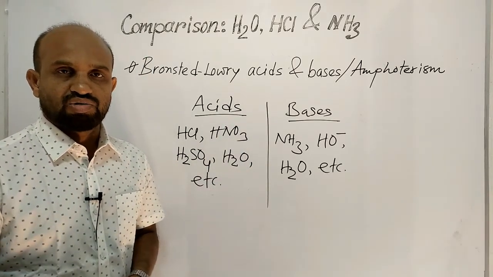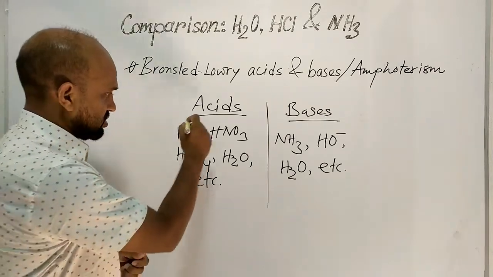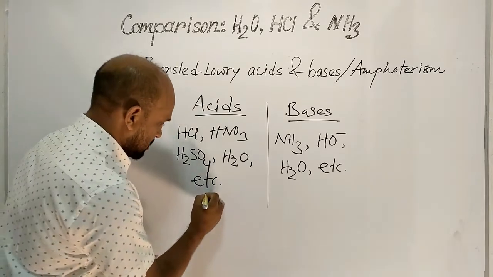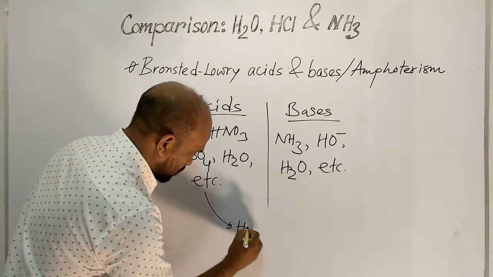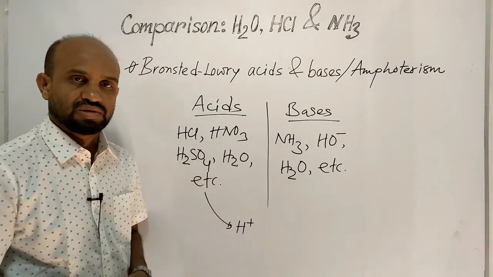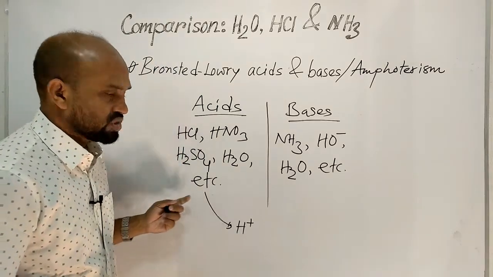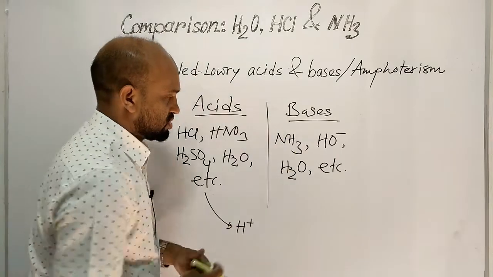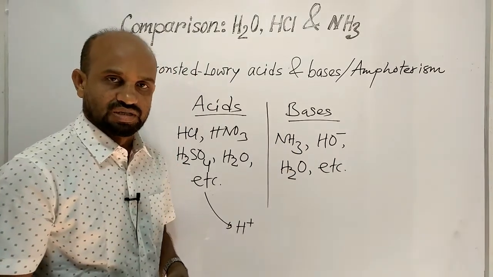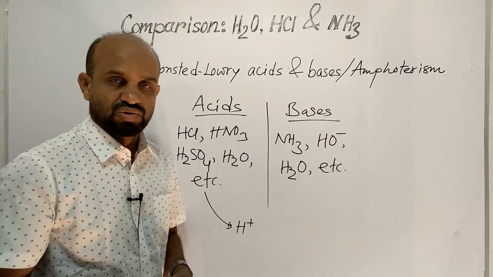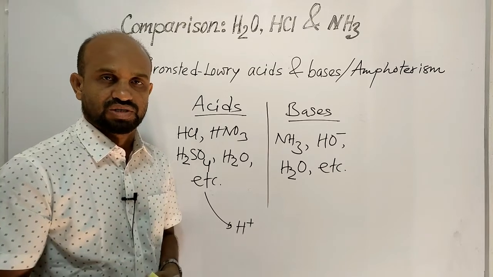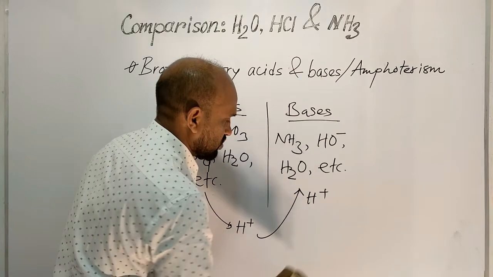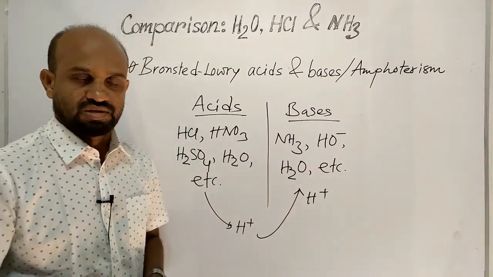According to the Bronsted-Lowry definition, hydrogen containing compounds that can produce protons are called Bronsted acids, and the compounds that can accept the protons produced from Bronsted acids are called Bronsted bases.